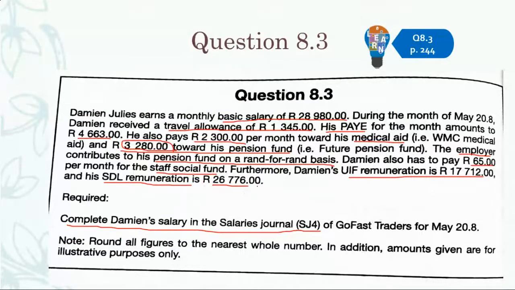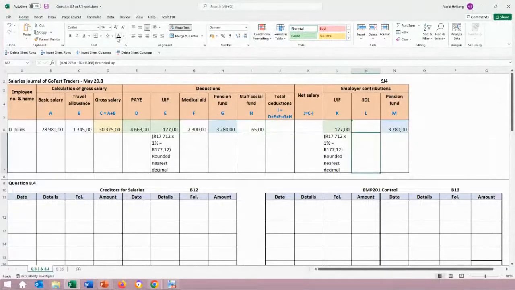So based on that, we will have 267 Rand and 76 cents is our STL deduction. Okay, so let's just go back to the Excel file. So our STL calculation will be 268. Okay, so we're rounding it up to 268.